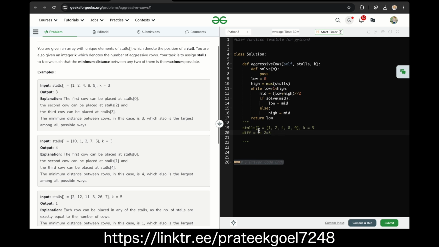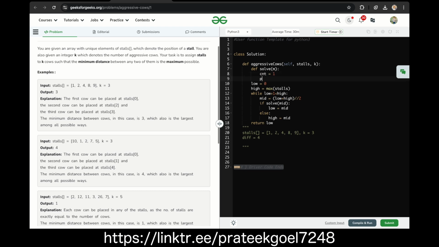Now the difference becomes 0 and we do count plus equals 1. After that it goes to 8, and 8 minus 4 is 4. So 4 is greater than 3, so we can add one more cow there. Let's write it out.